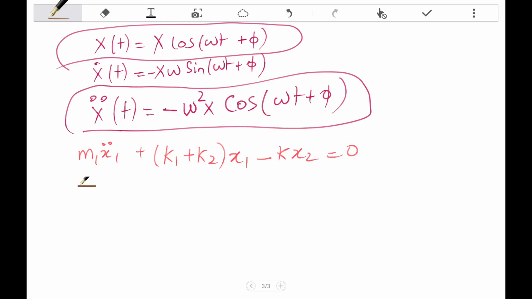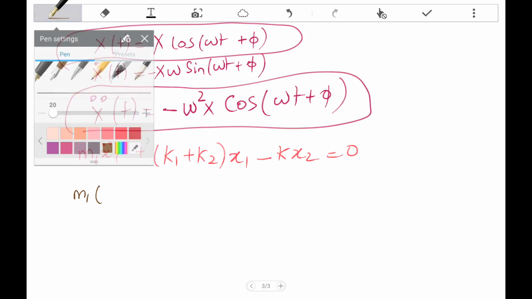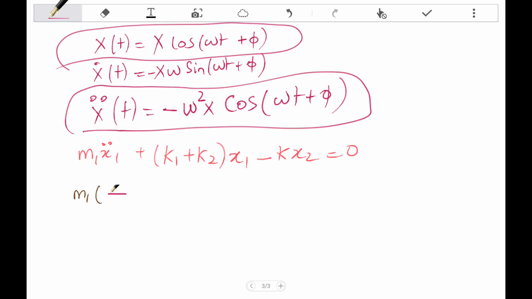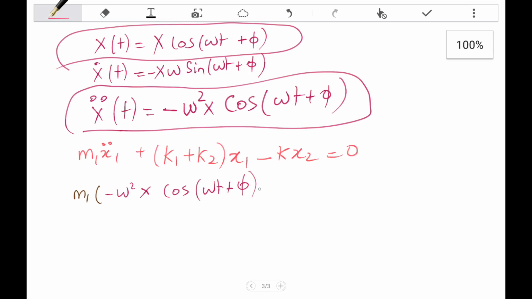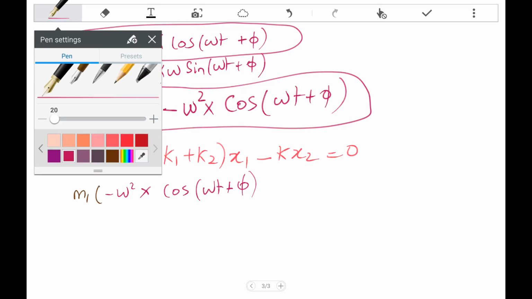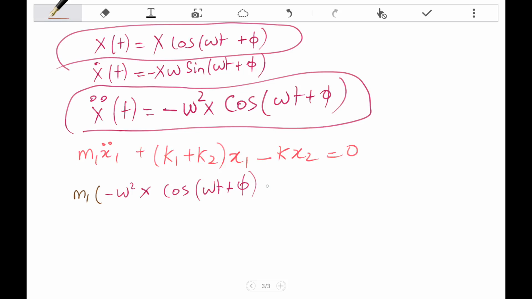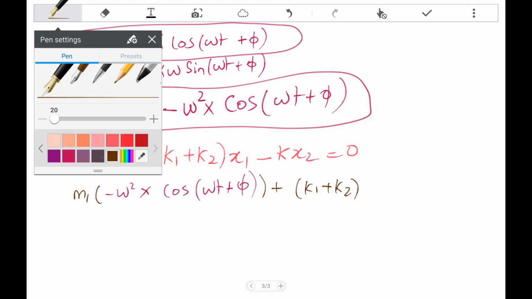Okay, so M1, open brackets, and sub in negative omega squared X cos(omega t plus phi), and that's going to be plus k1 plus k2 times x1.